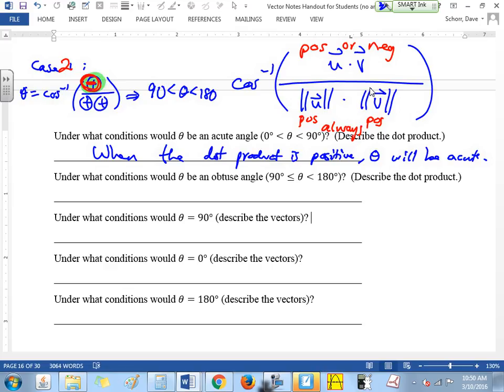Also known as a what kind of angle? Obtuse. You see? But whose fault is it that it's obtuse? The dot product. You got it. When the dot product is negative, theta will be what, class? Obtuse.